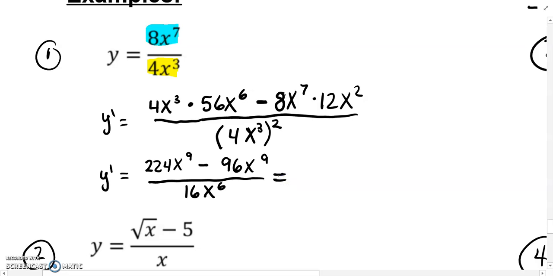And again, the question from the last video, how much should I simplify? This is reasonable. This is just combining like terms, so this should be an expectation definitely when you're doing this. The other general rule is no complex fractions, no negative exponents. 128 divided by 16, I'm sorry, is 8x to the third.